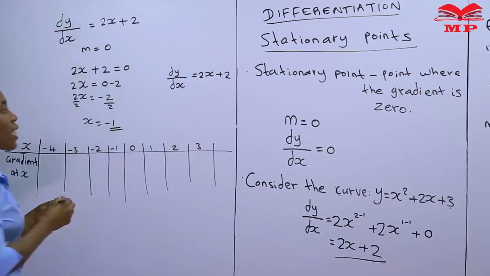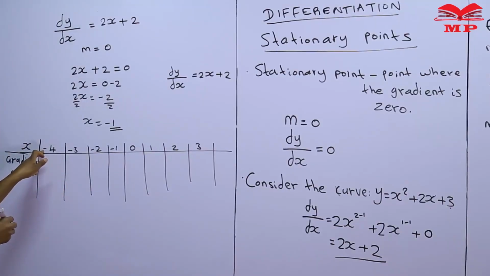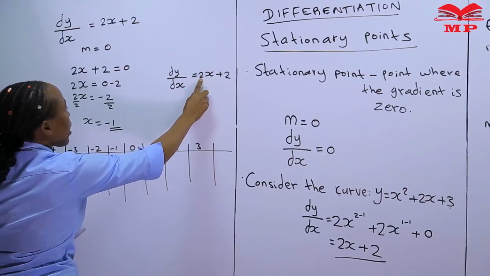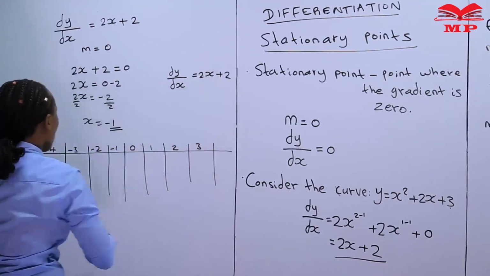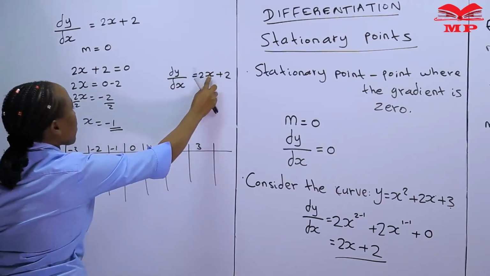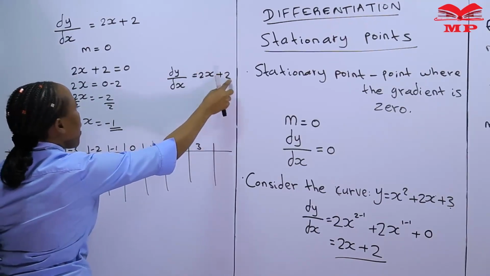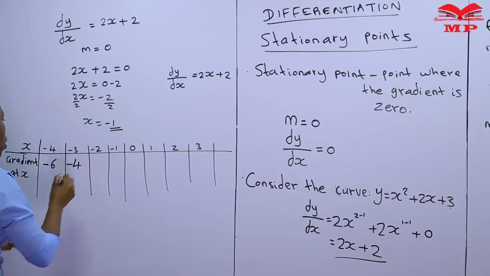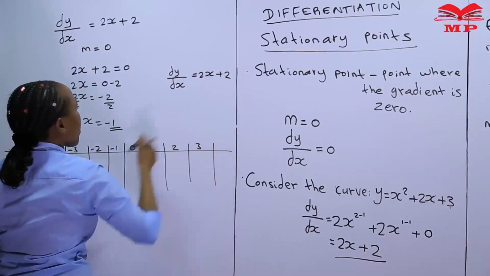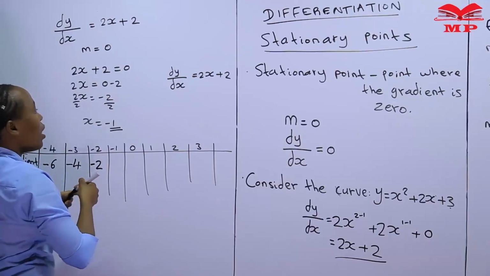So we can get the gradient when the value of x is negative 4. This one will be negative 4 times 2, that is negative 8, plus 2, we have negative 6. In the other one we have negative 3 times 2, negative 6, plus 2, we have negative 4. Negative 2 times 2 we have negative 4, plus 2 we have negative 2.